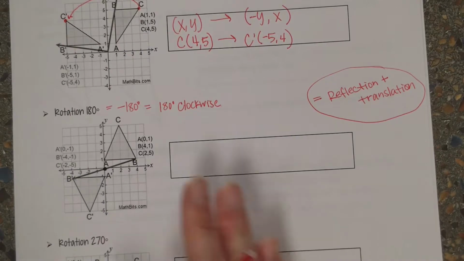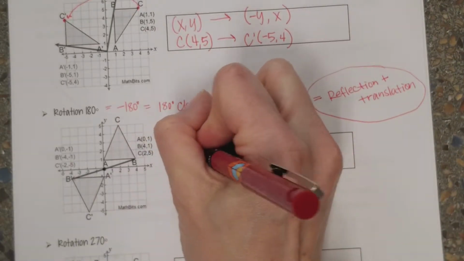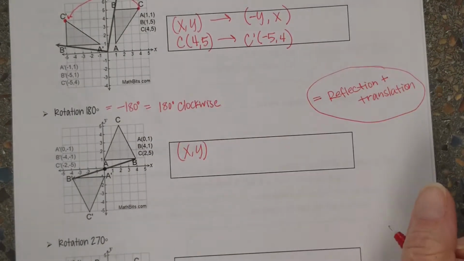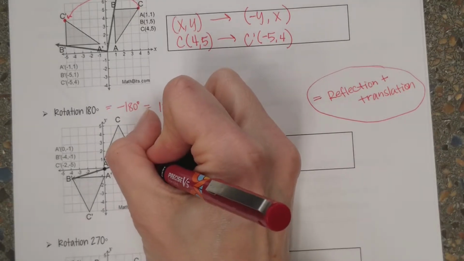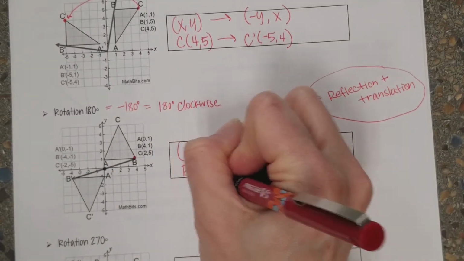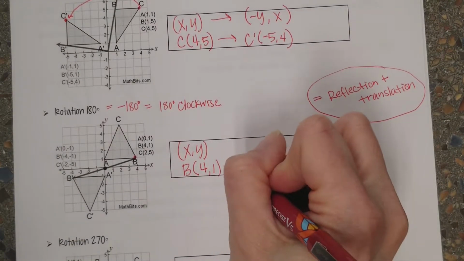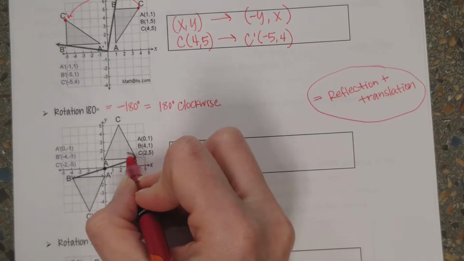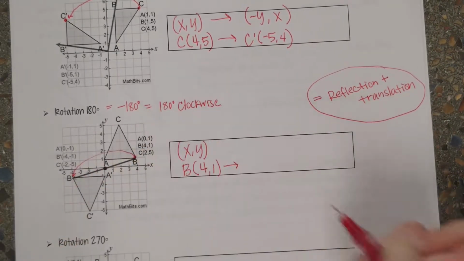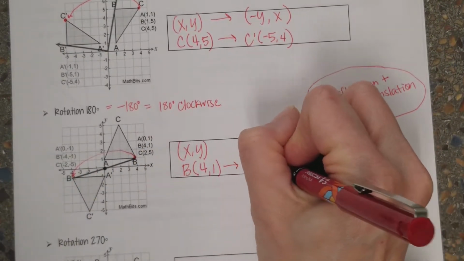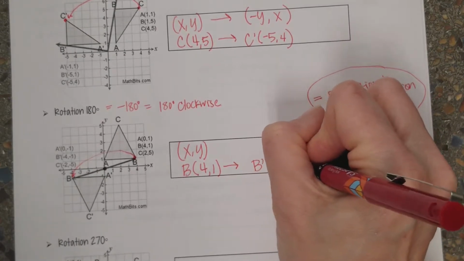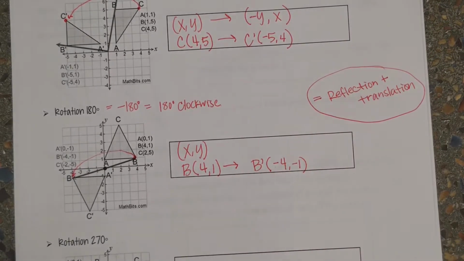Okay, so rotating 180 degrees, we start with some point, X, Y. For this example, I'm going to use point B. So you can see that point B starts off at the point 4, 1. And then B prime, after it's rotated 180 degrees about the origin, ends up being negative 4, negative 1.